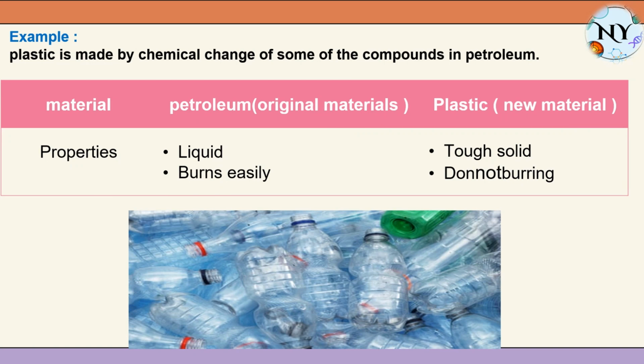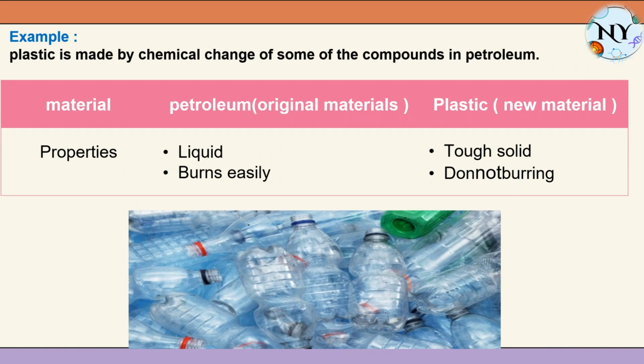All right, so you have to know that plastic is a new material made by humans. And of course, it's a tough, solid material, and it doesn't burn easily. It's made from petroleum, which is liquid and burns easily. So plastic is made by chemical change of some compounds of petroleum.